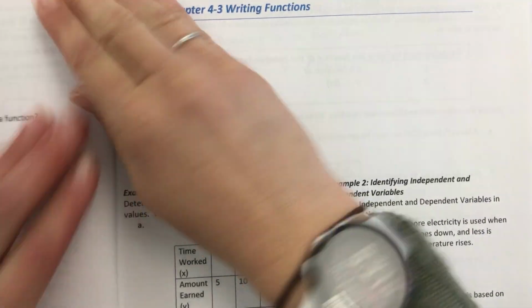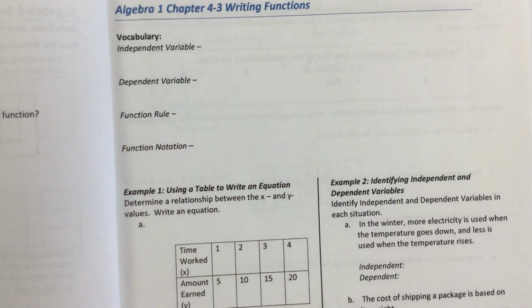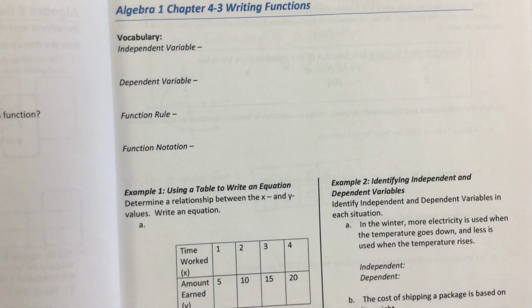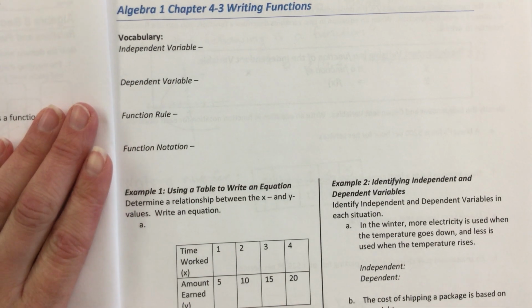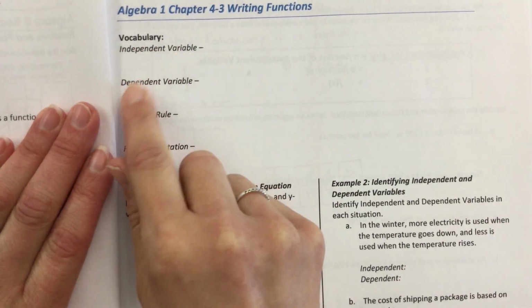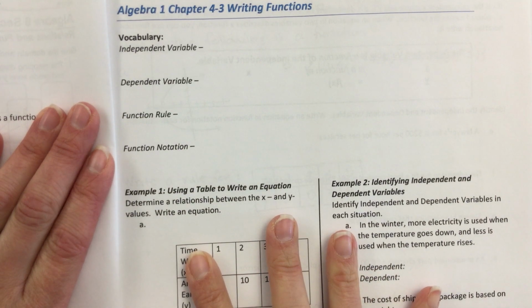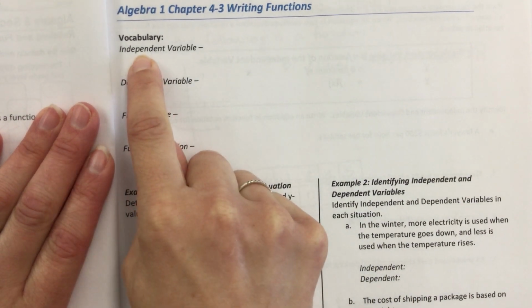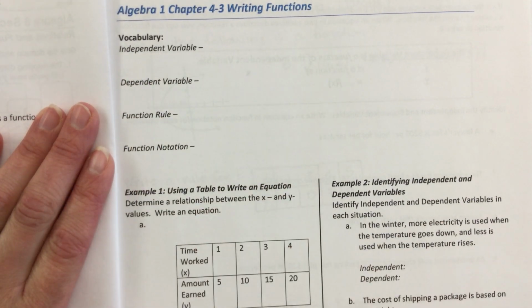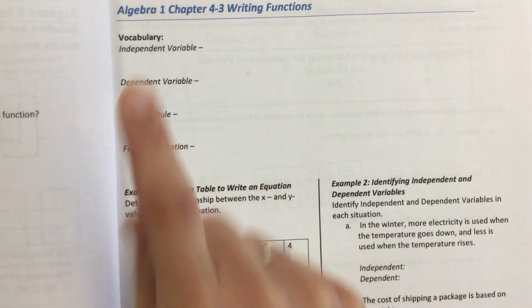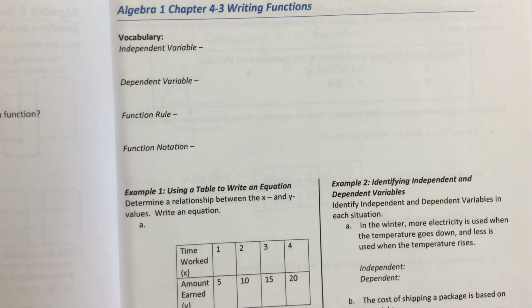So I'm going to leave this up to you guys to fill out. They are at the beginning of your chapter, so that's where I want you to put your vocab words. The independent variable and the dependent variable, we're going to talk a lot about those today. The independent variable is independent of everything else. So this is kind of your input. I'm just going to put a couple little words here.